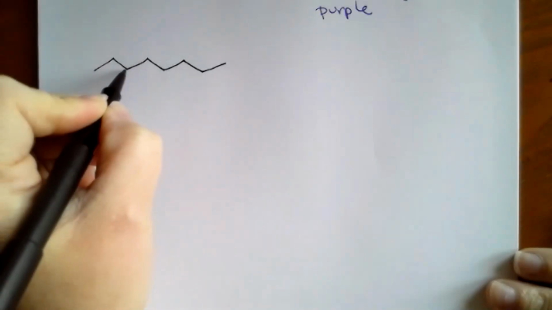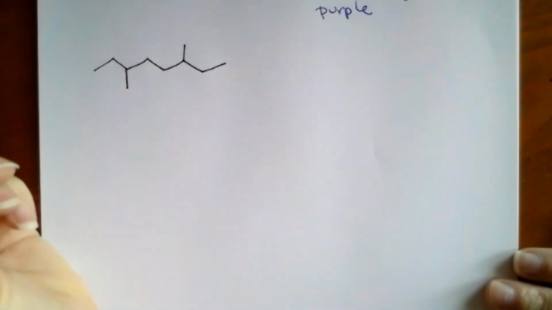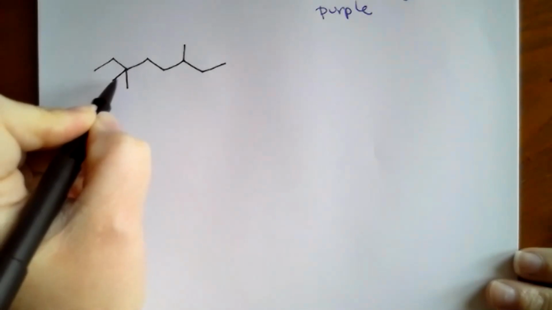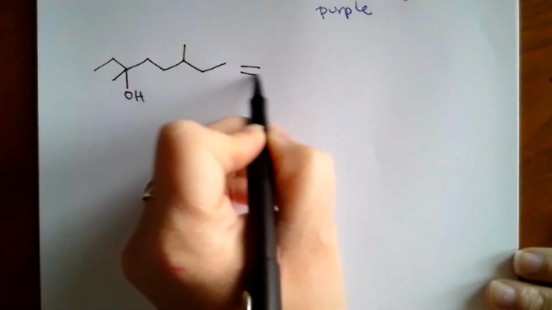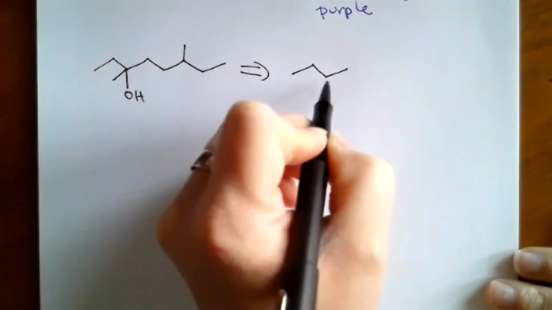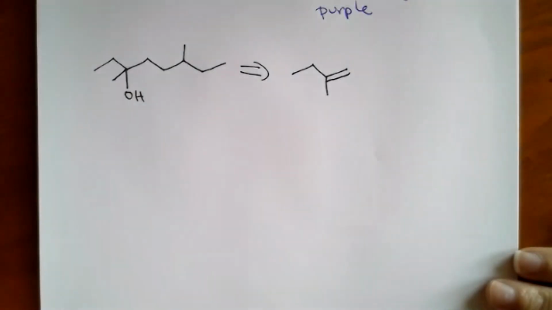We want to synthesize 3,6-dimethyl-3-octanol. We are forced to synthesize this thing from 2-methyl-1-butene.